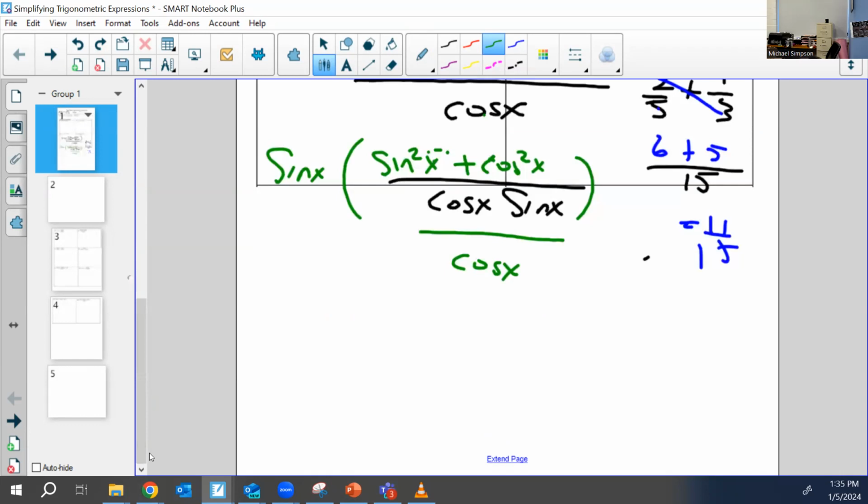1, right? Okay, so this becomes 1 over cosine x sine x.